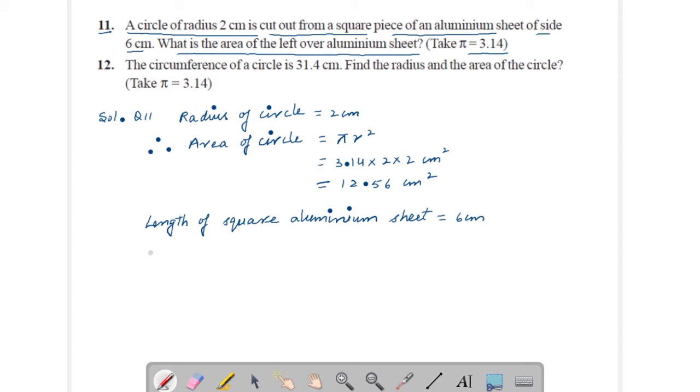Therefore, area of square aluminum sheet equal to side into side.